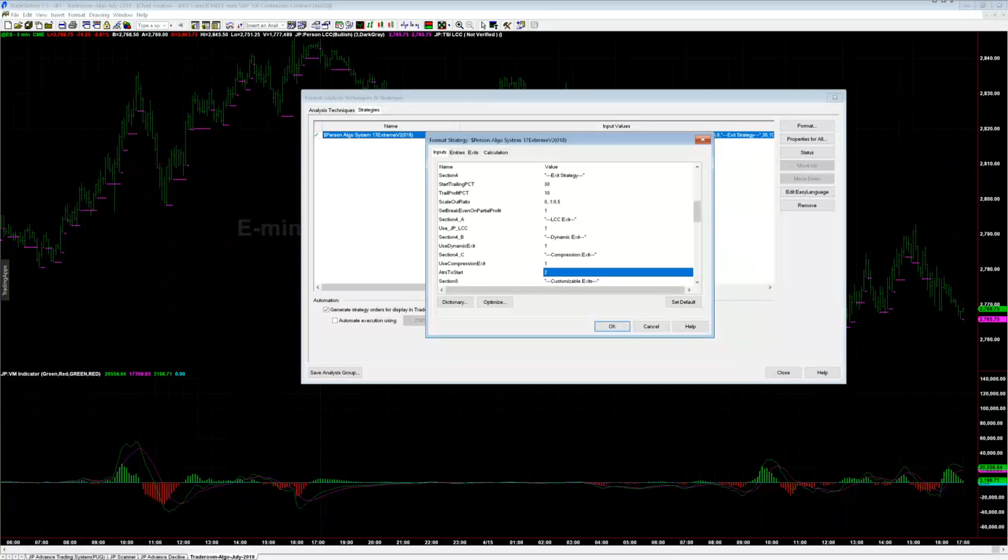No, that's why you would want to use possibly a combination of dynamic and compression. And when you optimize this function of start ATR, you can use less than one. Okay, so you can go a half of an ATR. Okay, you can actually go a quarter of an ATR up to maybe 3.